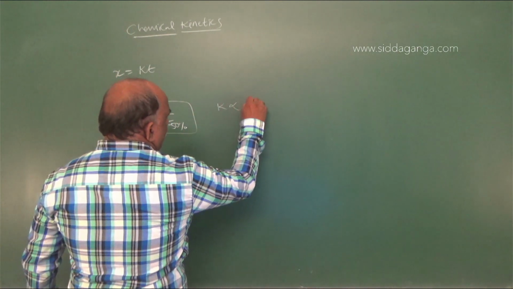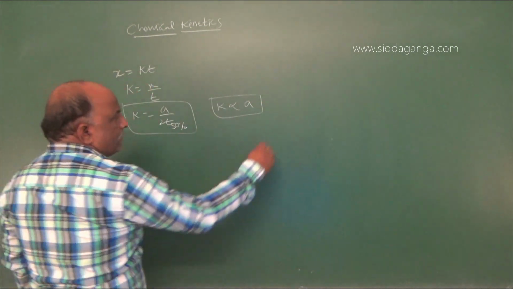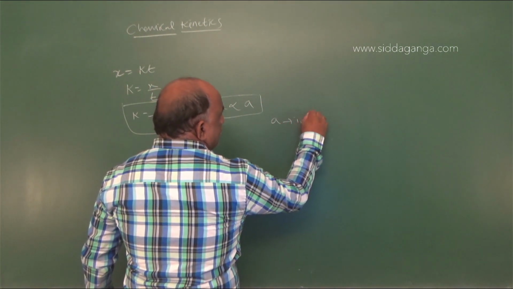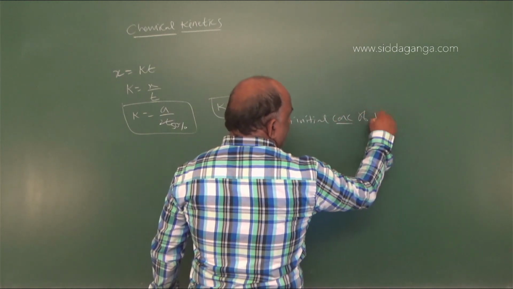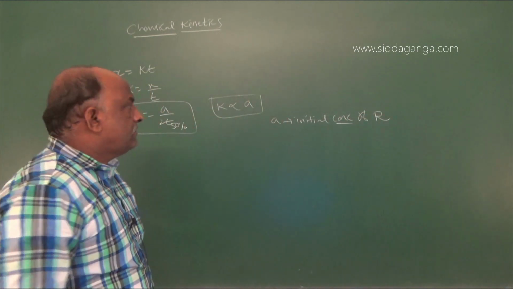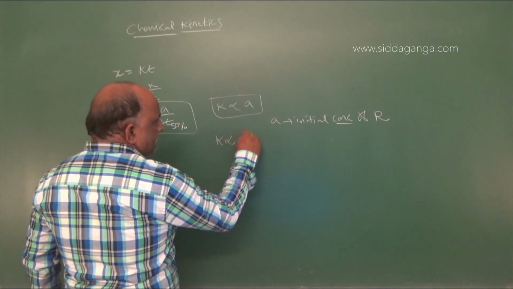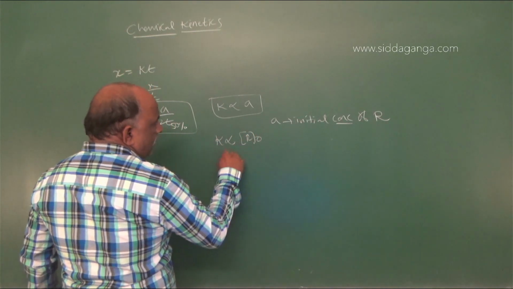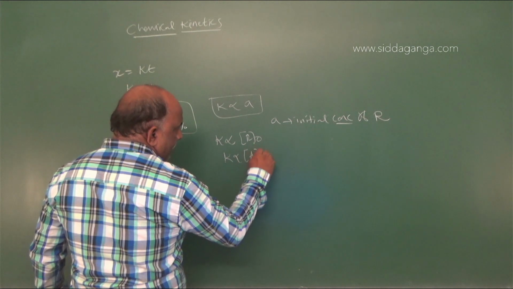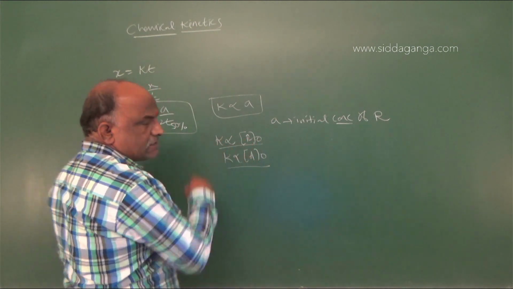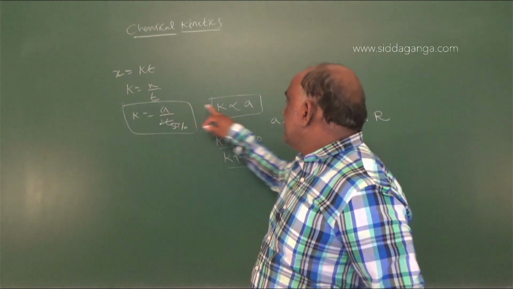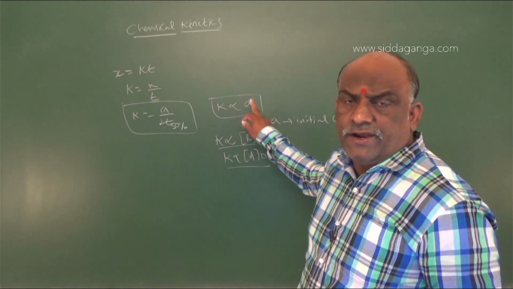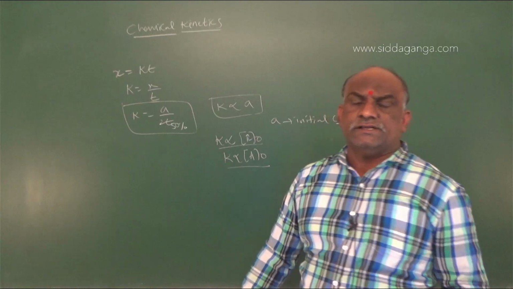K is directly proportional to A, the initial concentration of reactants. K is proportional to R naught or a naught, it makes no difference, all are same. Don't get confused. If K increases, initial concentration increases. If K decreases, initial concentration decreases.